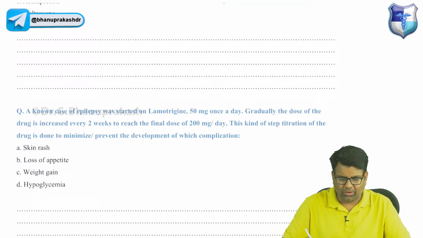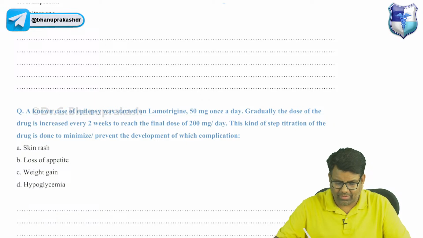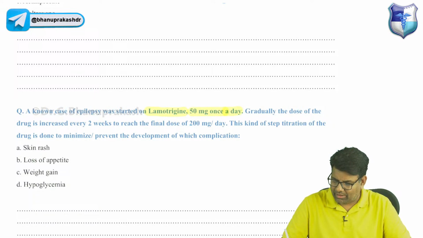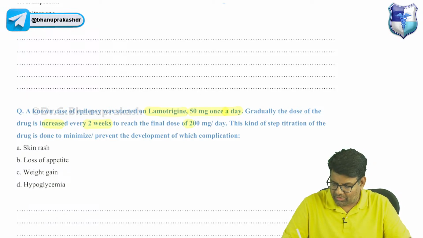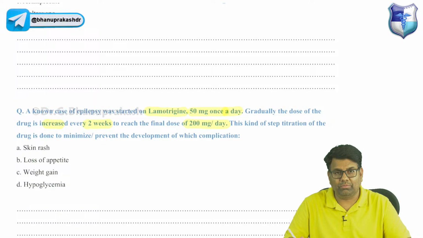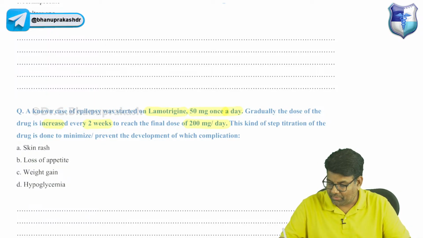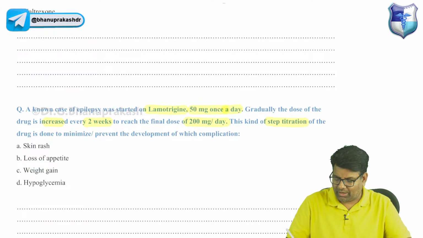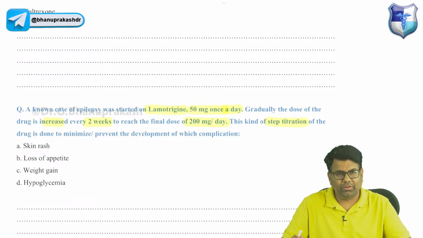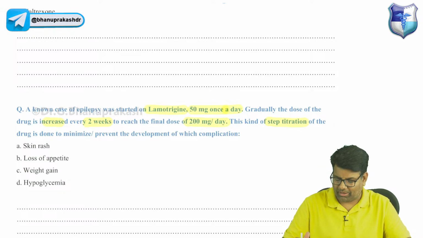Next question. A known case of epilepsy was started on lamotrigine at 50 milligram once a day, and this is increased every 2 weeks, and finally the desired dose of 200 milligram per day was achieved. Now why is this kind of step titration done for lamotrigine? Why couldn't we give the desired dose starting from day one?